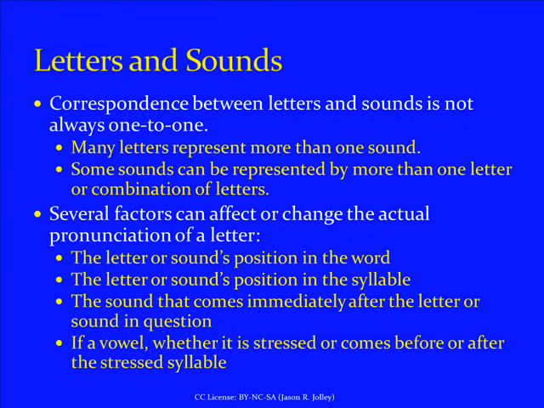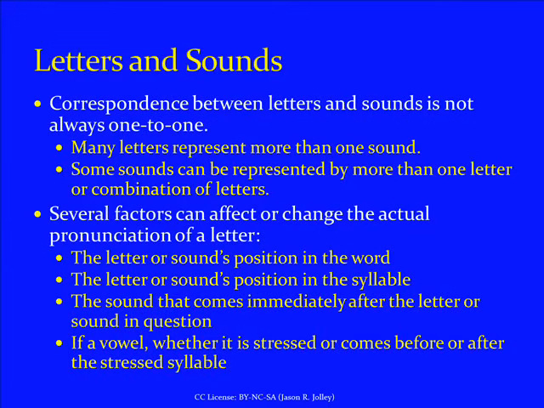Again, is it the initial sound, the middle or nuclear sound of the syllable, or the last or final? Another thing that can affect how a letter or sound is produced is the sound that comes immediately after the letter or sound in question, something we have to take into consideration.